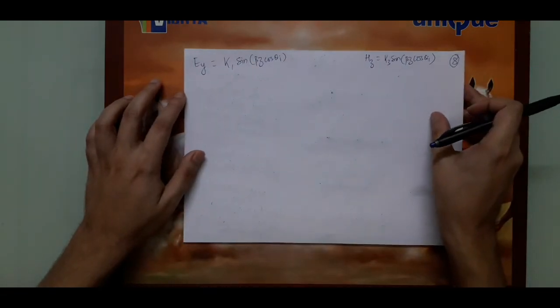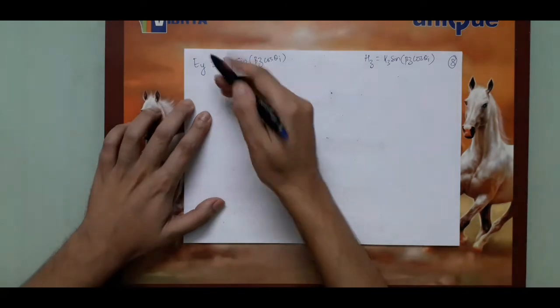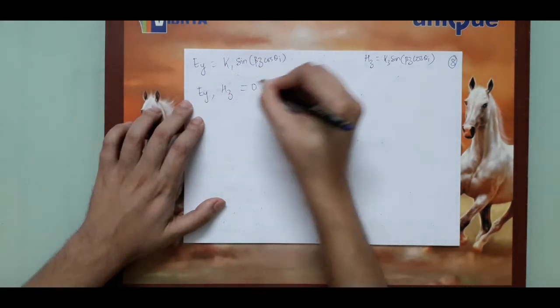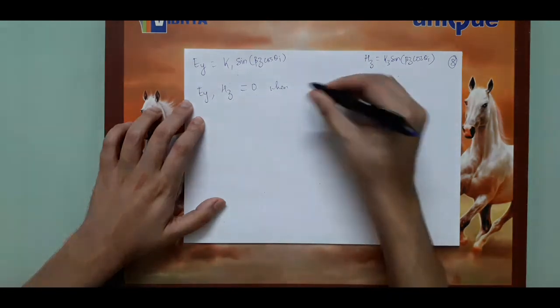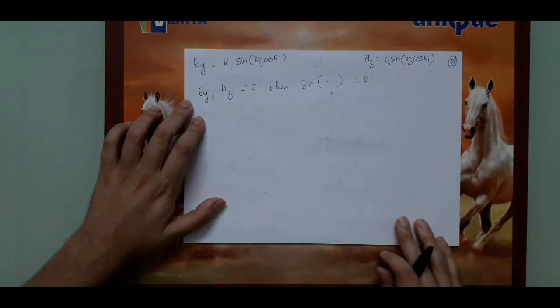Since both of these are sine fields, I can say that Ey and Hz will become 0 when the sine term becomes 0.